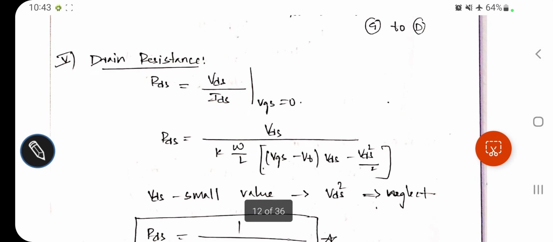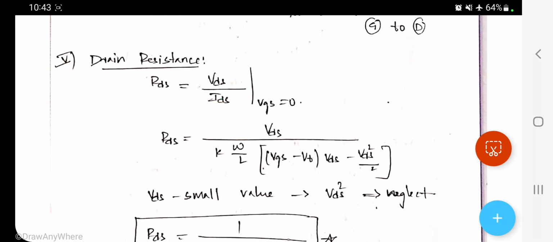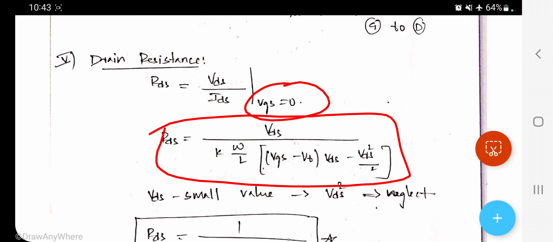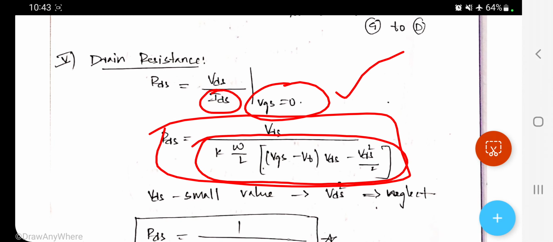But don't get confused here, that is a very small VGS you can consider, not small VGS. Here RDS we get as VDS by IDS. By definition VGS is equal to 0, but IDS is going to be replaced with the linear current equation, approximately the non-saturation region of operation.